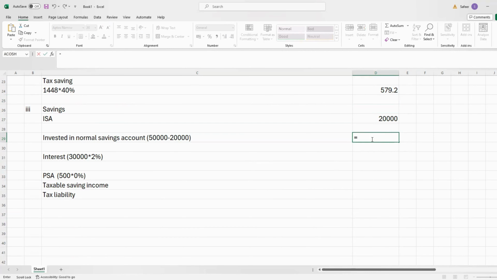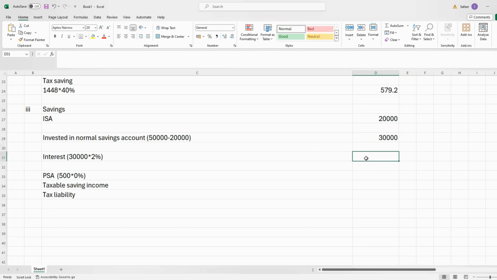So that means total cash was 50,000 minus individual saving account 20,000. So that's the 30,000 normal saving account. And remember the return on that is going to be 2% of that, which is this times 2%.